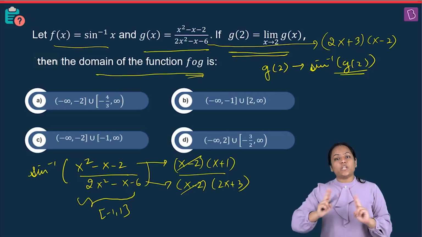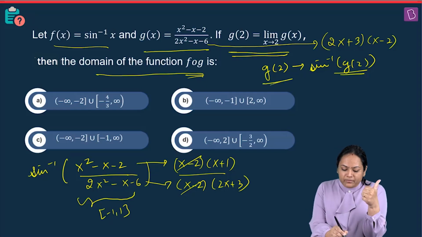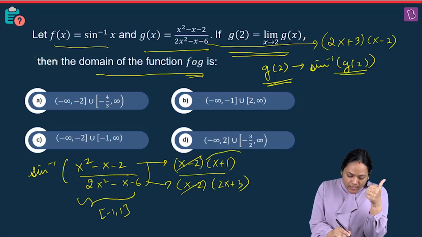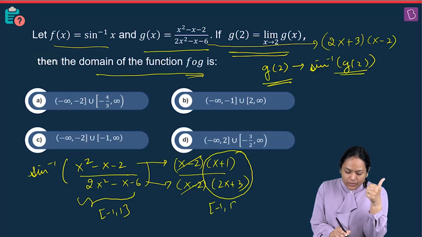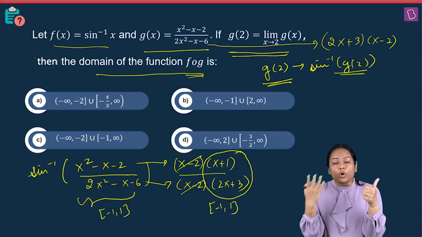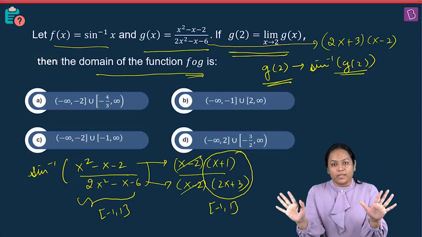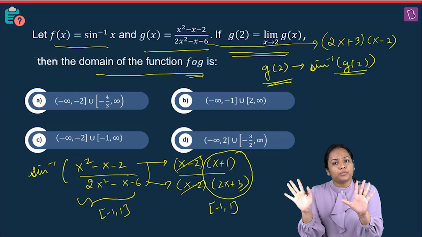So I have to check two things. First, I have to find my value of g(2), that is, the limiting value of my function g(x). And second, I have to make sure that (x + 1)/(2x + 3) lies between −1 and 1. For what values of x that is true will give me the final answer of the domain. Understood how we define a composite function?